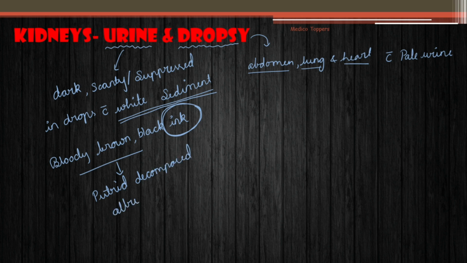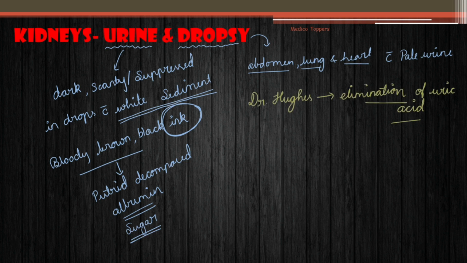Surely this indicates that the kidney is suffering from some type of glomerulonephritis, where we can find microalbumin or albumin. It depends, and we can see sugar in urine. So this is all regarding the characteristics of urine.